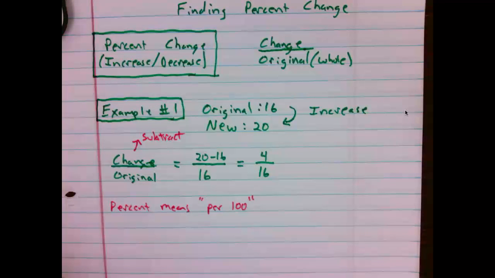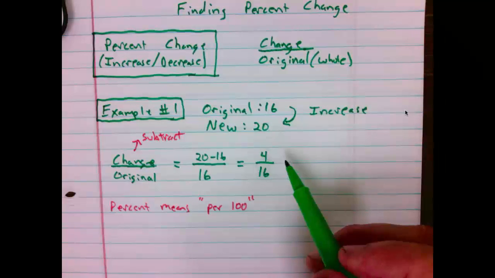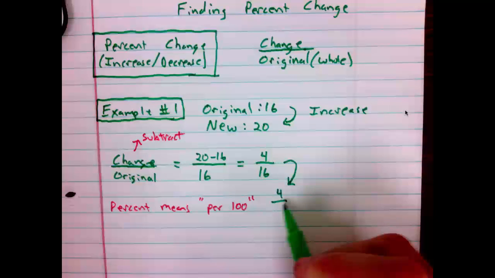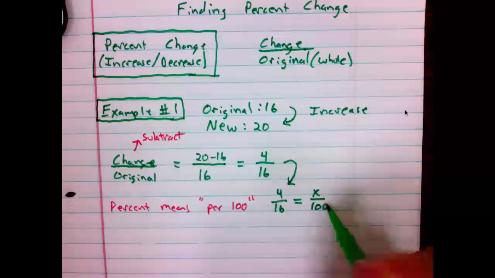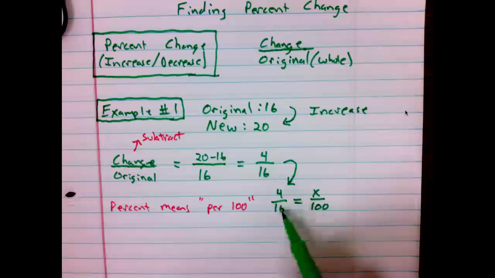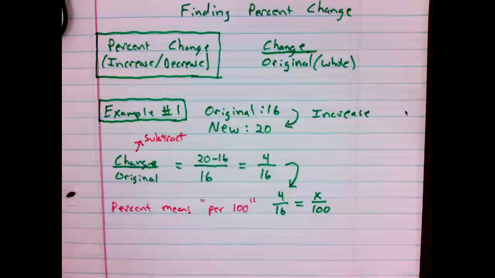So we're going to take this 4 over 16 and set it equal to x over 100. 4 divided by 16 equals x over 100. Since percent means per 100, if we can write this fraction with a denominator of 100, we can simply use the numerator to be the percent.